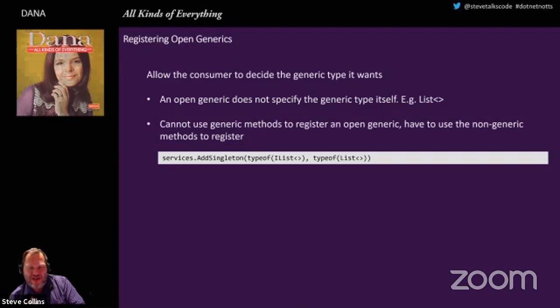So say you've got list of string, then what you could do is have a class that inherits list of string, and that's the thing that you register. But that's a whole load of additional code. And say you want 5 different ones of those, then you've got to go and create 5 different classes and then potentially have 5 different interfaces. It all snowballs into a whole load of code just to get around some limitations.